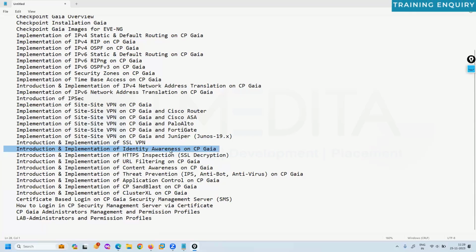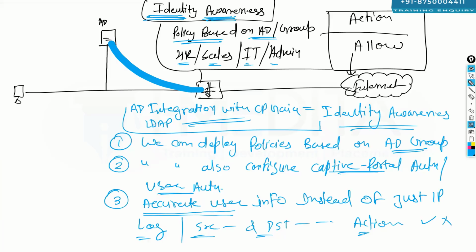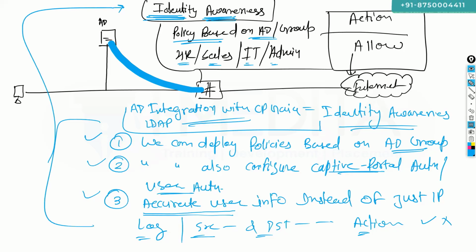In identity awareness, we will integrate Checkpoint with AD so that we can achieve group-based policy, user authentication, and accurate user information. These three things we will achieve with the help of identity awareness.